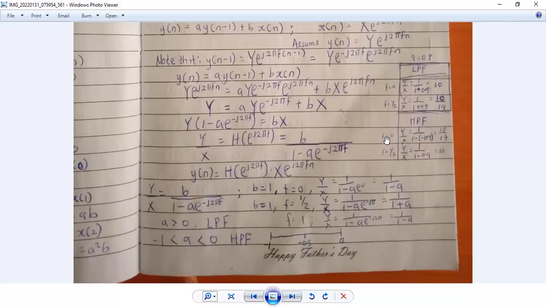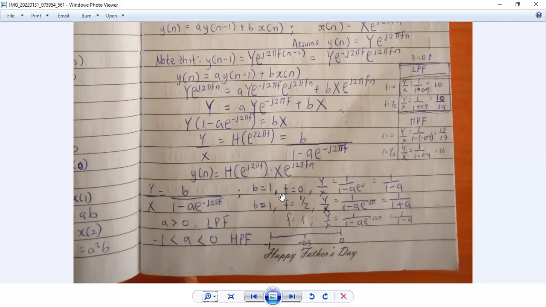You can see that at low frequency, it's attenuated. 10 divided by 19 is very low, it's like 0 something. But at high frequency, when the frequency begins to increase, the magnitude of the transfer function is 10. So this shows that it's a high pass filter. So when A is between -1 and 0, you have a high pass filter.